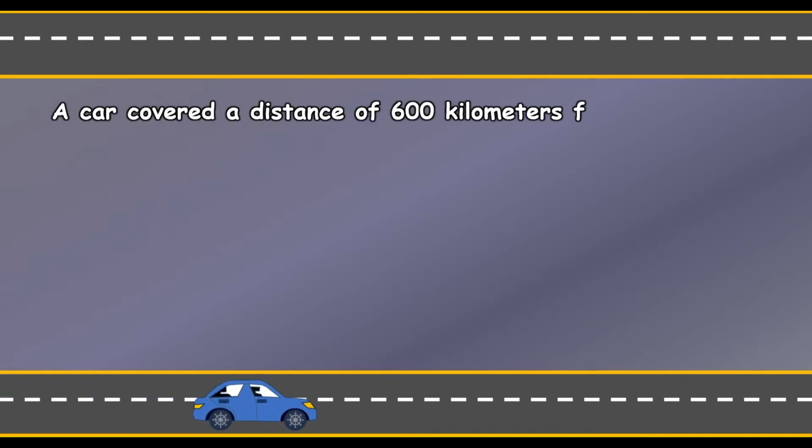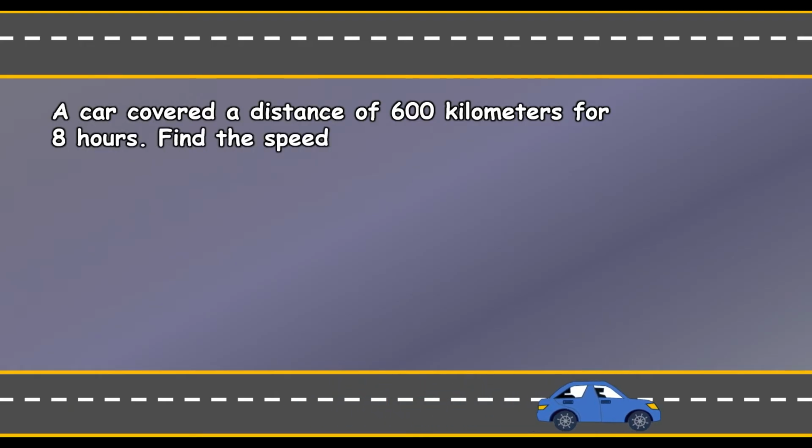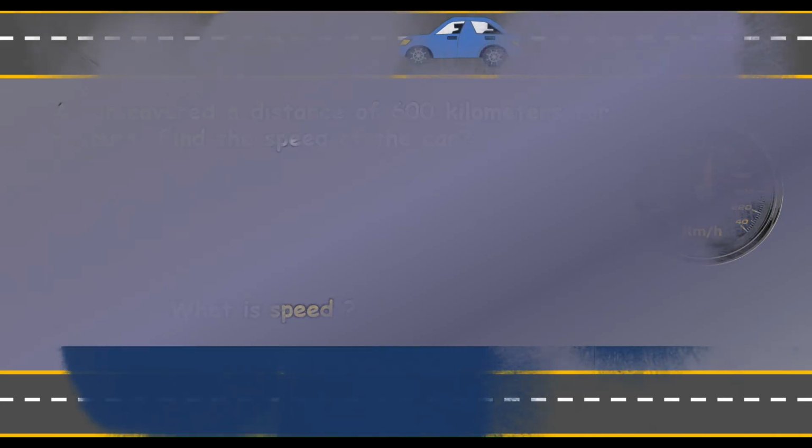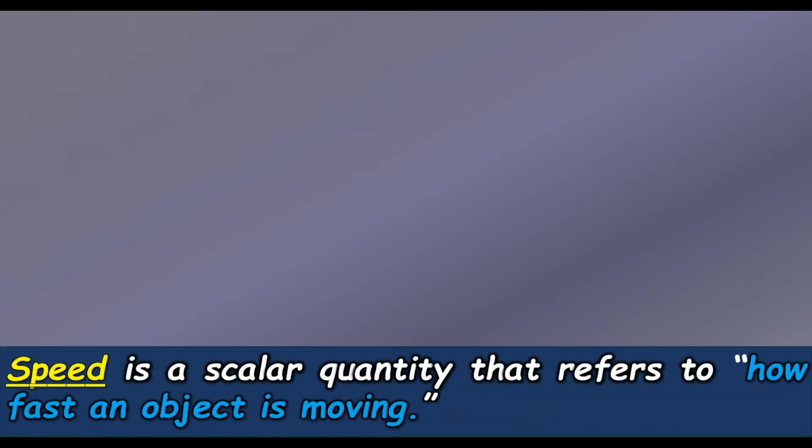Let's have this example. A car covered a distance of 600 kilometers for 8 hours. Find the speed of the car. We deal about the speed in this example. Therefore, let's learn more about speed. Speed is a scalar quantity that refers to how fast an object is moving.